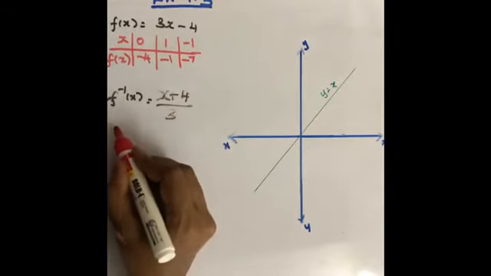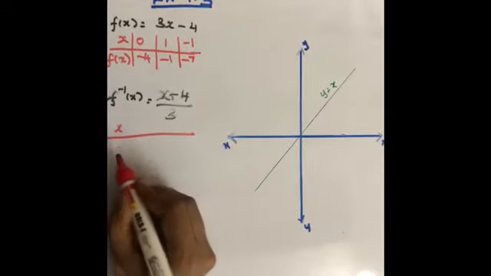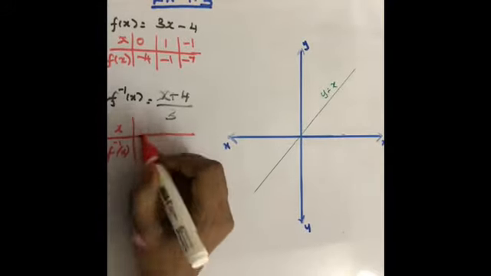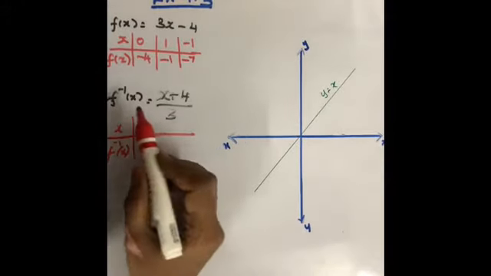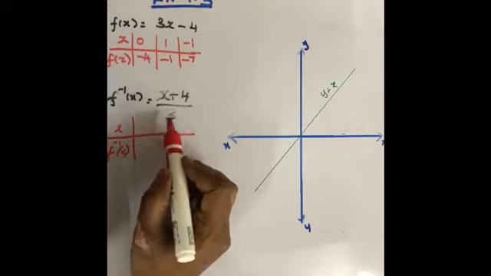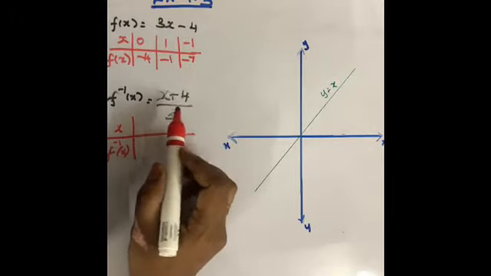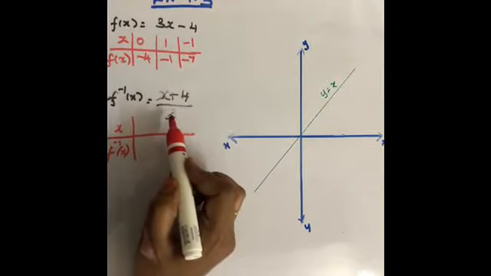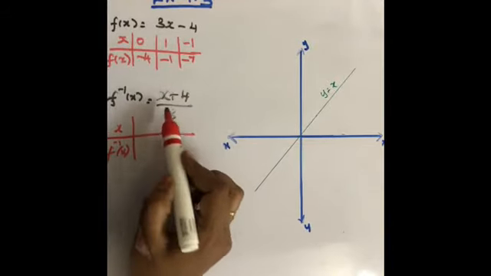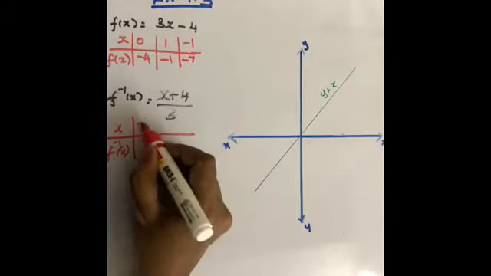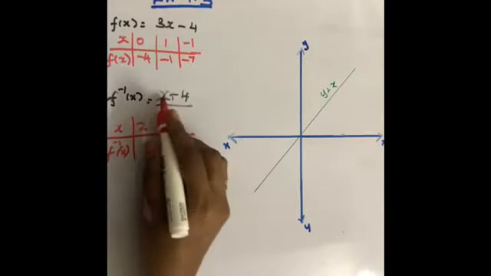Similarly, for f inverse of x, we have to draw lines. So, f inverse of x is x plus 4 divided by 3, we have to divide it by 3. So, we have to give the value of x accordingly so that we can divide and get a whole number. So, if I give 2 to x, it is 2 plus 4 divided by 3.